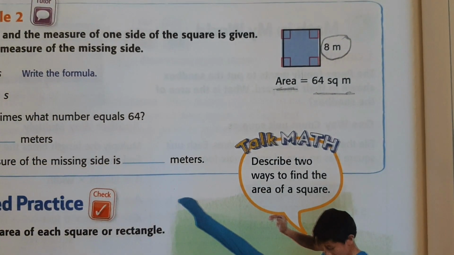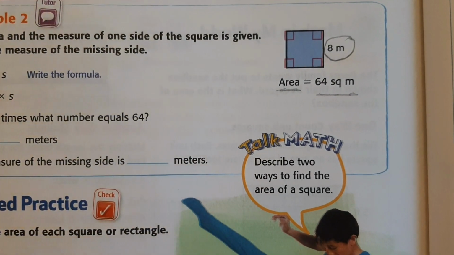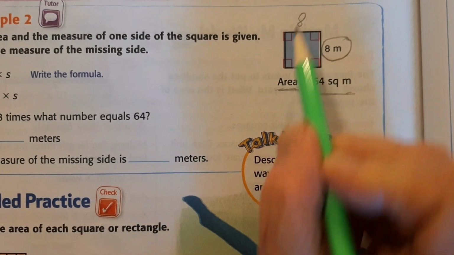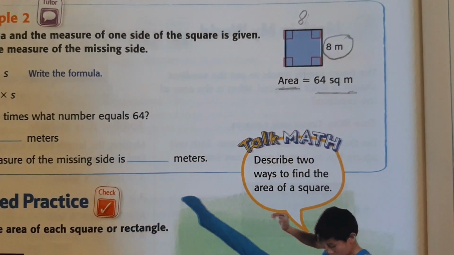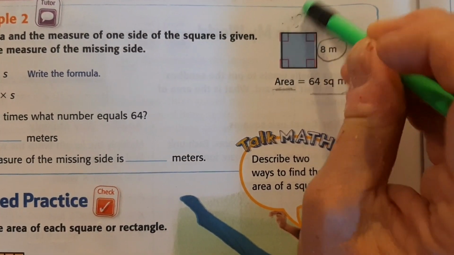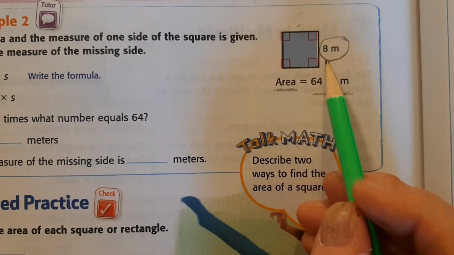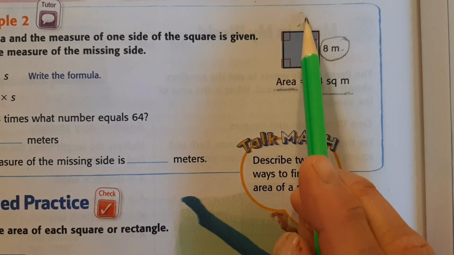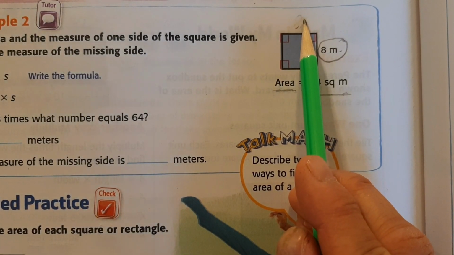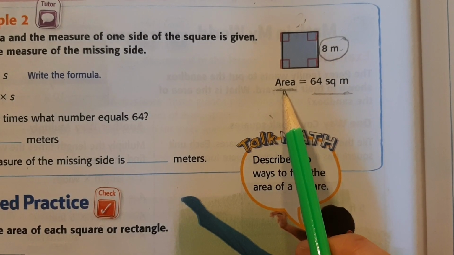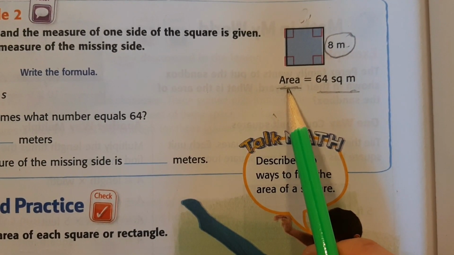Now, there are two ways you can figure this out. You know that if it's a square, well, the other side is going to be 8, right? You just know that because a square has the same number of sides. But let me show you something because you're going to have to do this later. If you were going to find the area, you'd have to multiply 8 times 8. But when we're finding the missing side, we do the opposite of multiplication. Now, what's the opposite of multiplication?